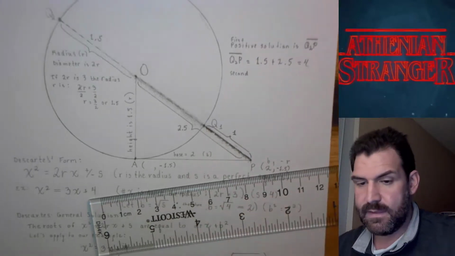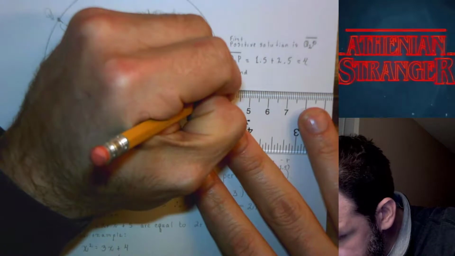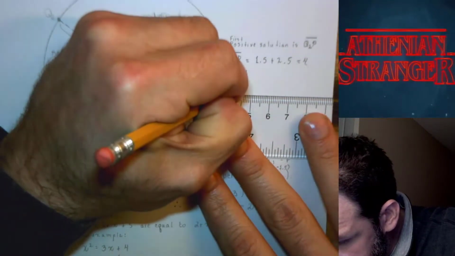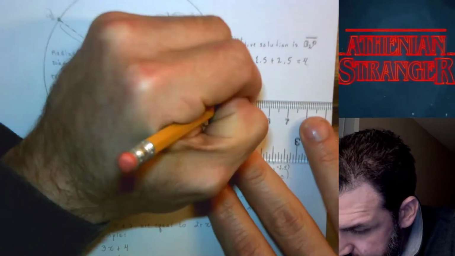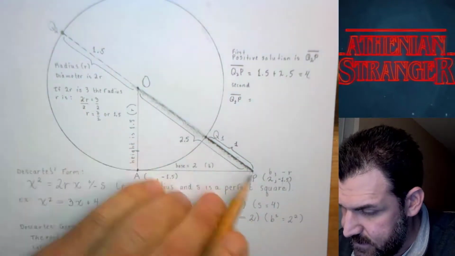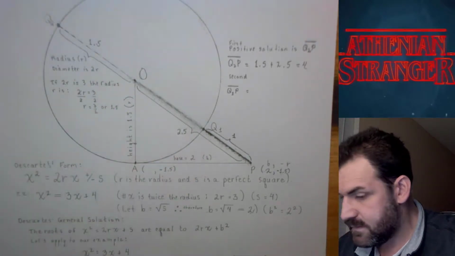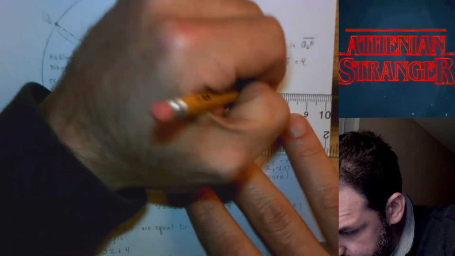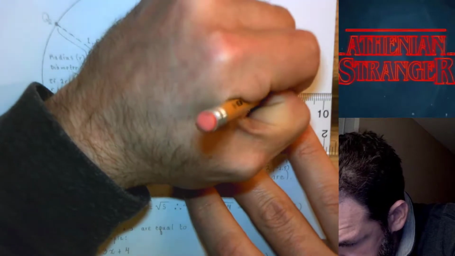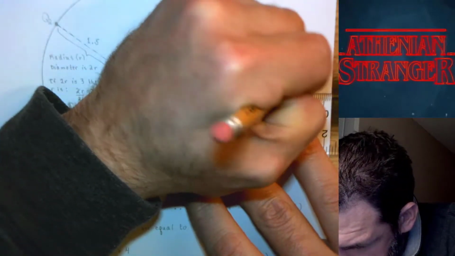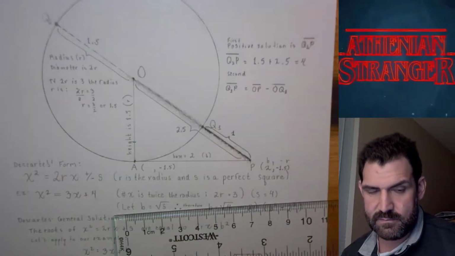All right, so now that you know this distance, Q1 to P, let me show you. So this is Q1 to P. This distance is just equal to OP minus OQ1, which is just the radius.